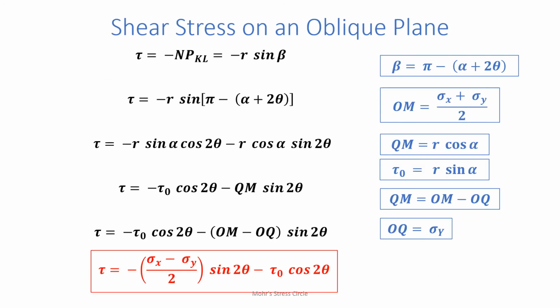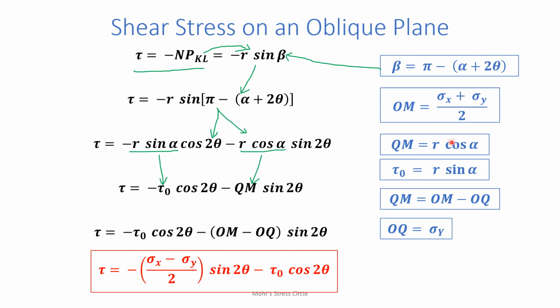Let us take it forward and find the value of tau, minus NPKL, so it becomes R sin beta. We put in the value of beta, so it becomes like this. Sin of pi minus alpha plus 2 theta is sin of alpha plus 2 theta. We solve this and get this relation. We open it up. Now R sin alpha is tau naught, R cos alpha is QM, as we have observed.